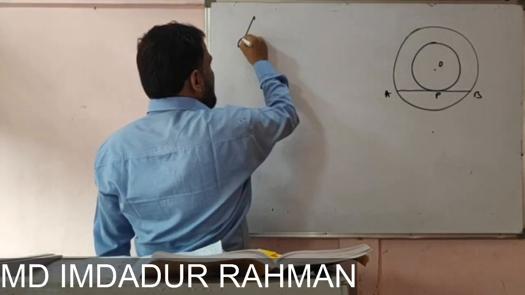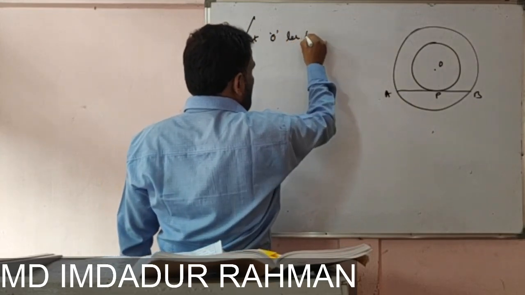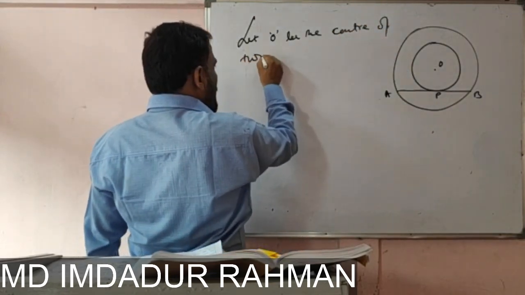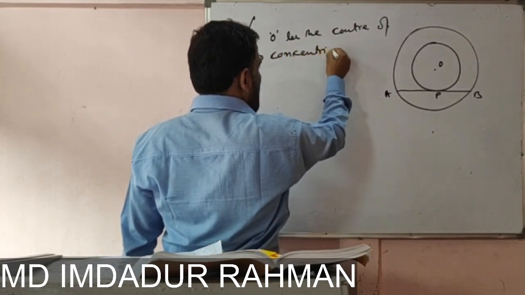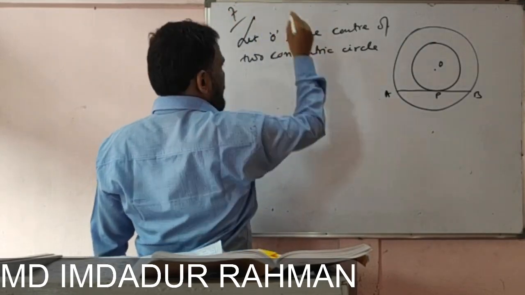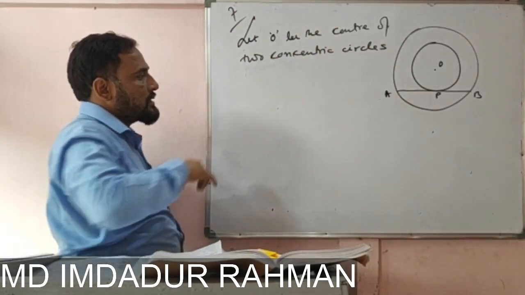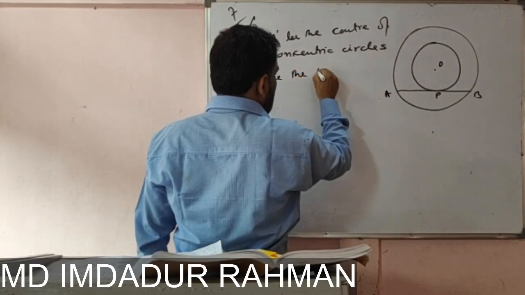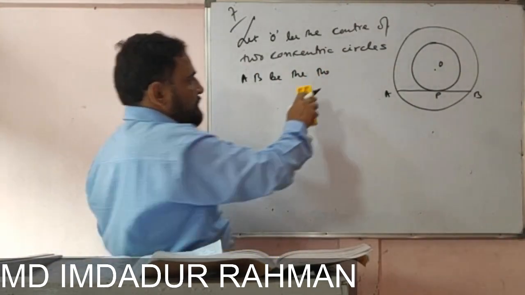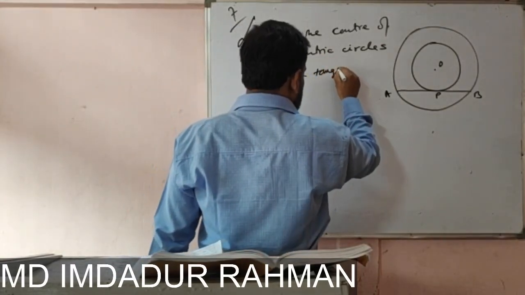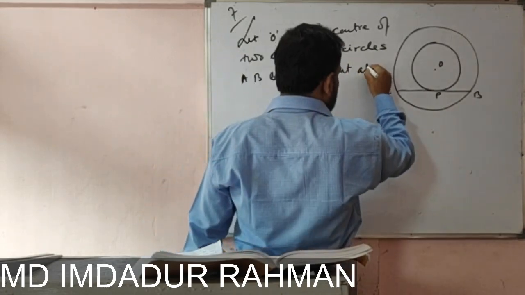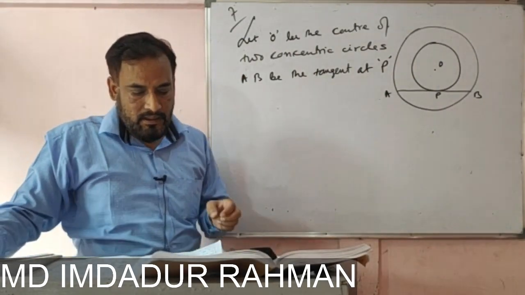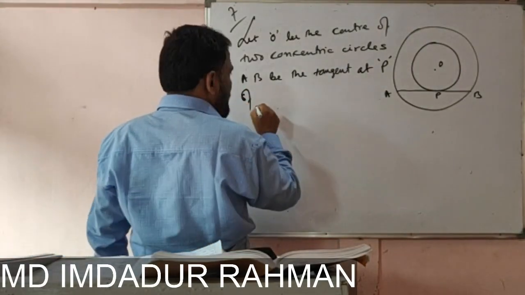So let us start. Let O be the center of two concentric circles, AB the tangent at P, that is, P is the point of contact of the tangent AB of the smaller circle.